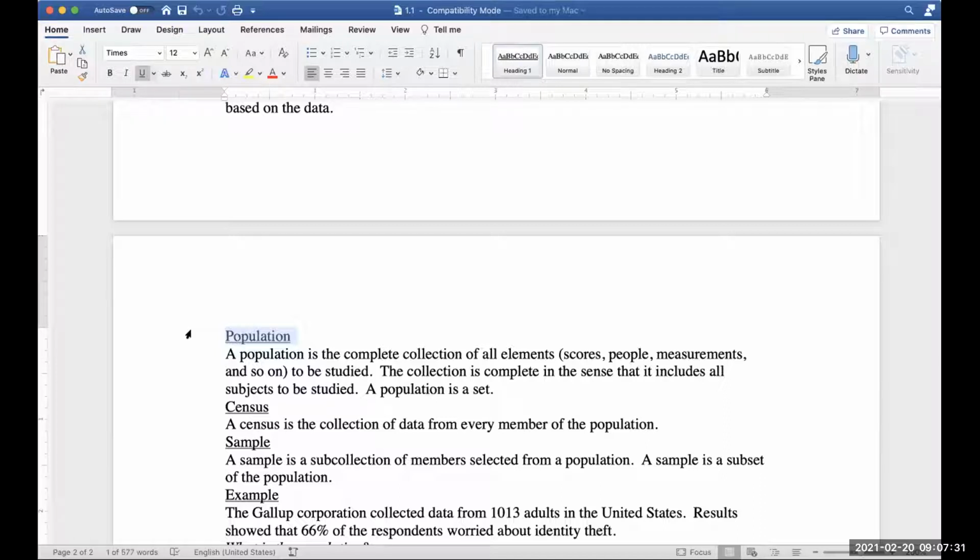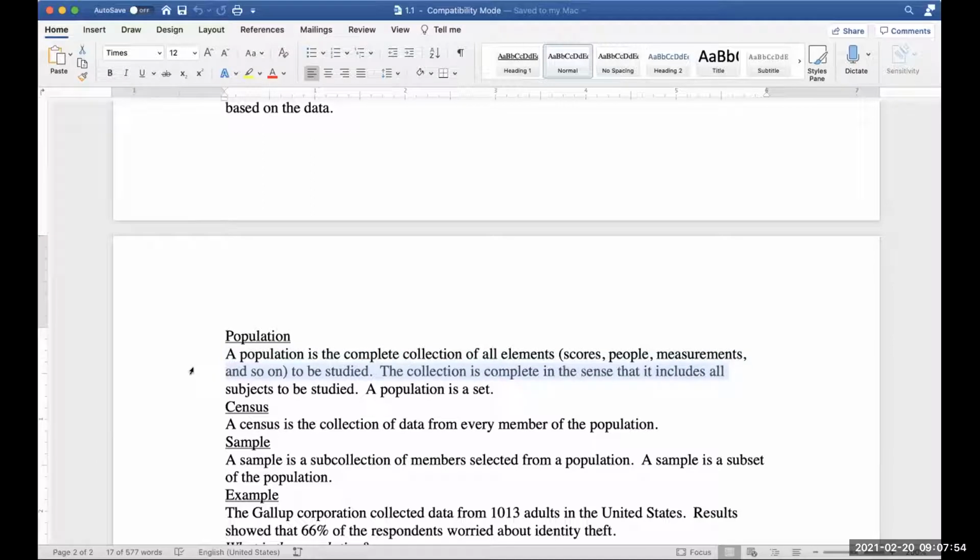Then the population is all students in the United States taking statistics. And so, a population is the complete collection of all elements, scores, people, measurements, that are to be studied.